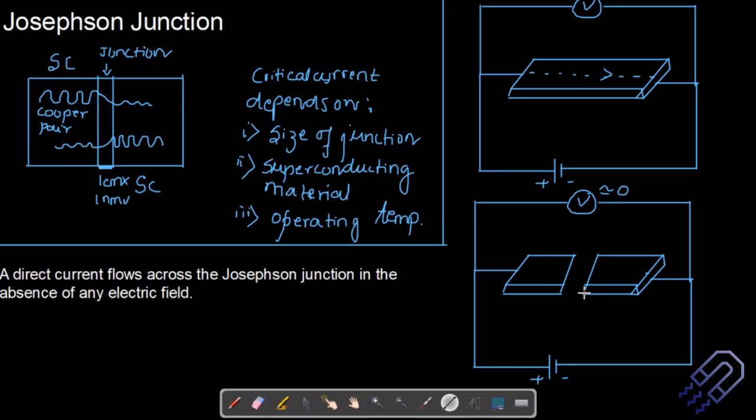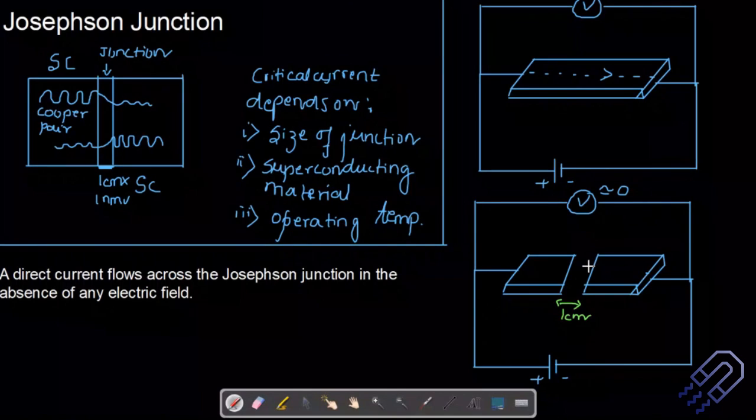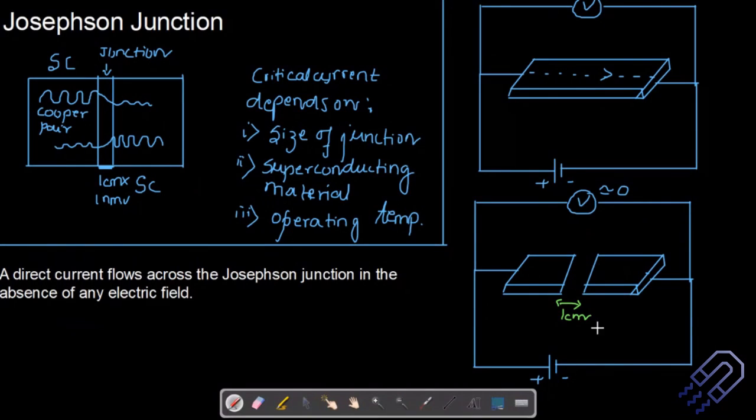And then what I do is I connect the same battery. Let's say the distance between these two points is 1 centimeter. Now when we actually measure the voltage, let's say this is 5 volt, and when we measure the voltage across this, we are going to get 5 volt.